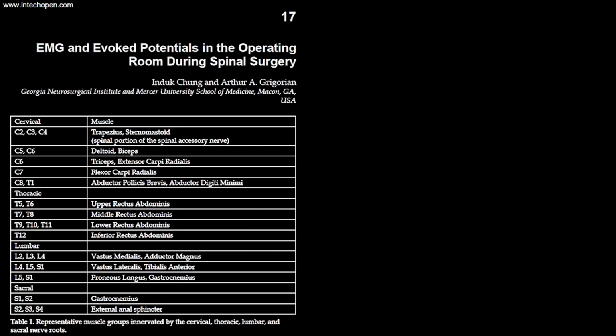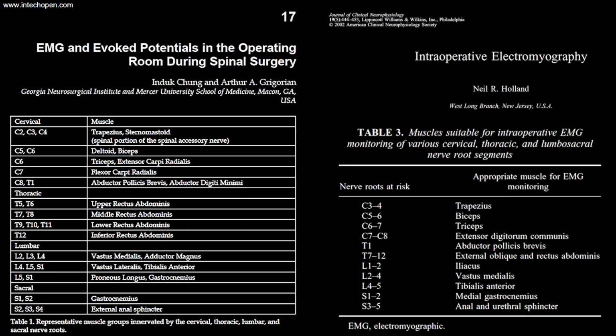In this frame, I have copied the chart from which I gathered the information that I just gave you. Now I am introducing a different source which, as you can see, suggests different muscles to be evaluated for a given root. As you can see, there is agreement regarding some muscle-root combinations, but not for others.